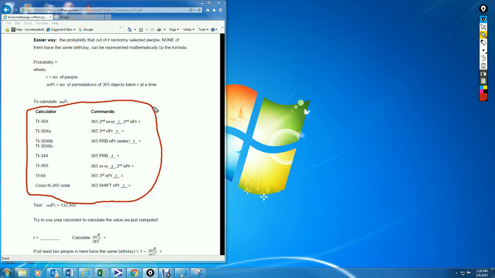Use your calculator to do the calculation for you. If you have any of these particular calculators, then I've already shown you the commands here. Kind of ignore these numbers here. This was the specific calculation I was doing. And again, keep in mind, this is for nPr.